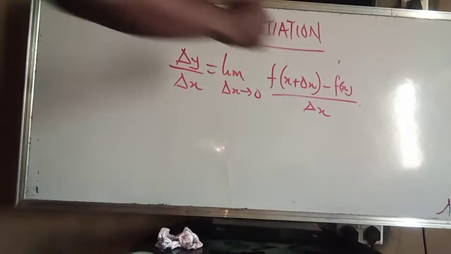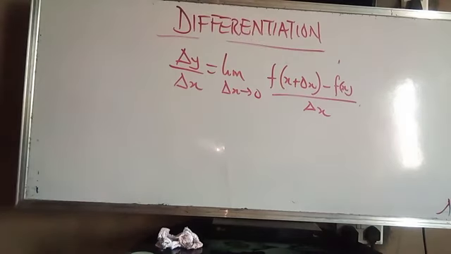This is what we mean by the function being differentiable, which we have clearly shown in the function we have just exemplified. That is the rate of change of y with respect to x.